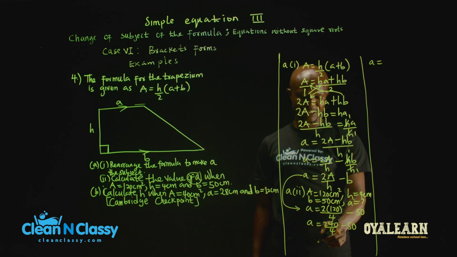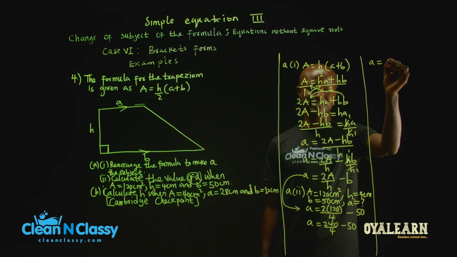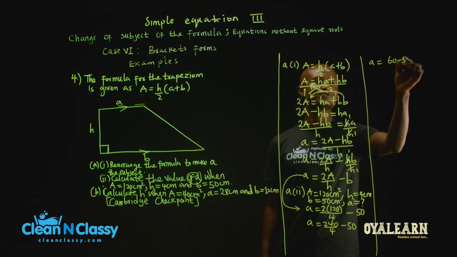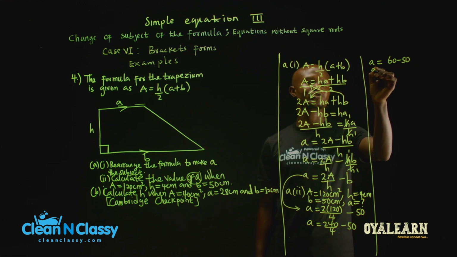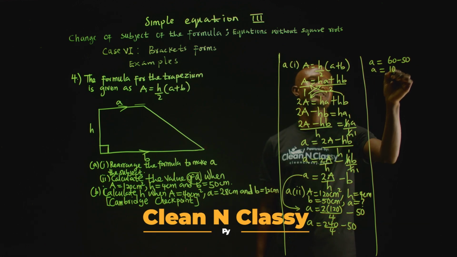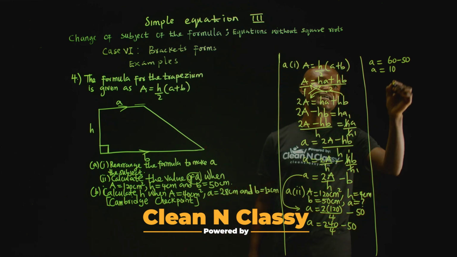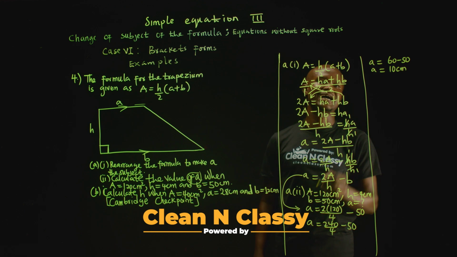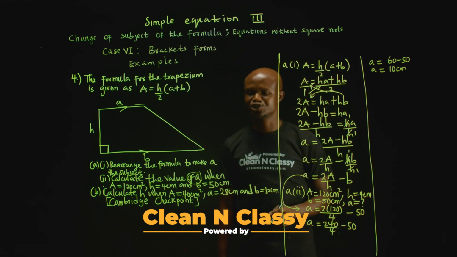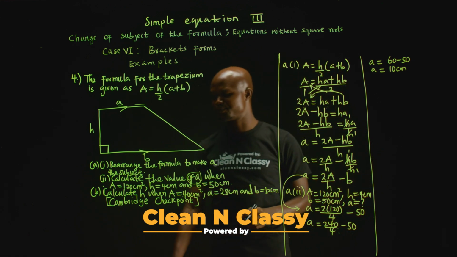What do we have? That is 60. 60 minus 50. Then a will be equals to 10. 60 minus 50 is 10. And what is the unit? That's centimeter. So we have 10 centimeter as a. That is the solution to the first part of the problem.